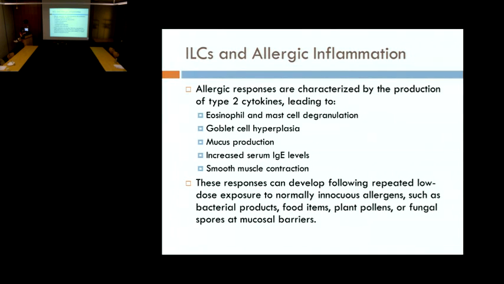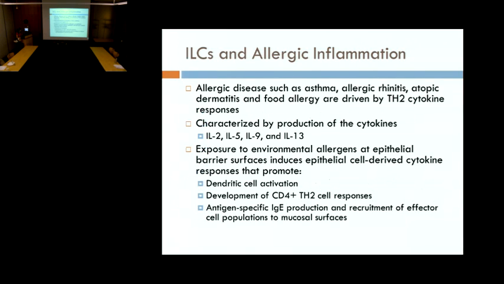These can develop erroneously due to repeated low dose exposure to innocuous allergens, causing disease states. Those are just some examples of the allergens we deal with. Again, the Th2 cytokine responses are what's driving allergic diseases, including asthma, allergic rhinitis, atopic dermatitis, as well as food allergy. IL-4, IL-5, IL-9, and IL-13 are the important cytokine players.